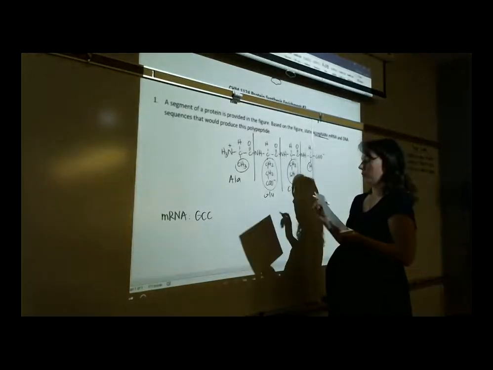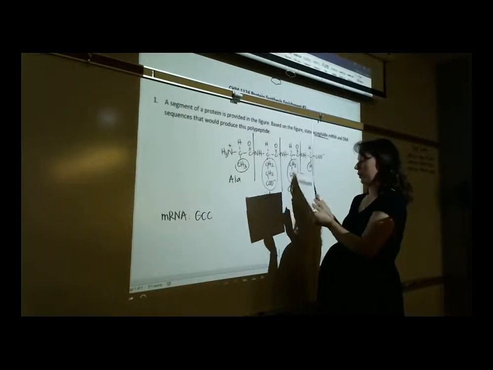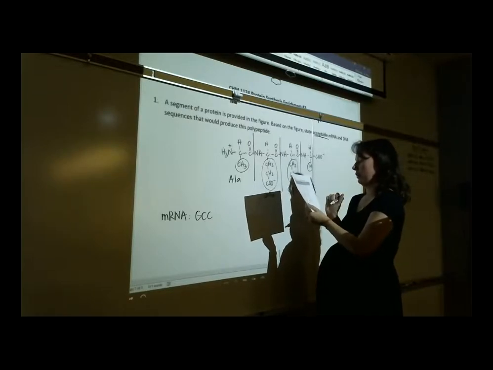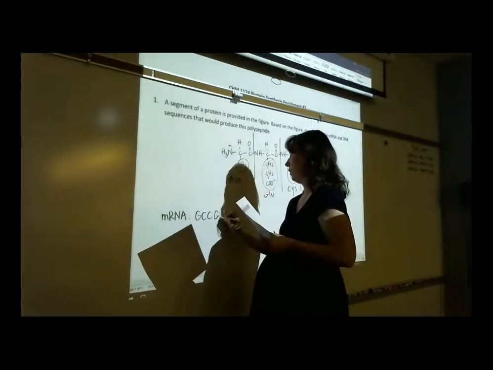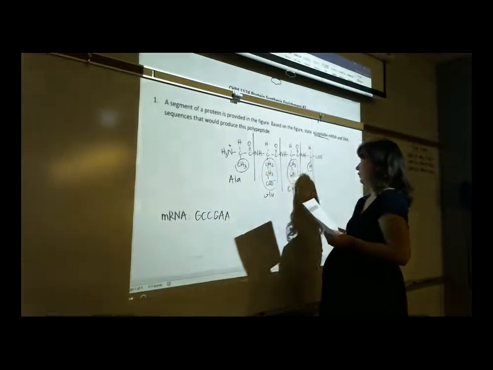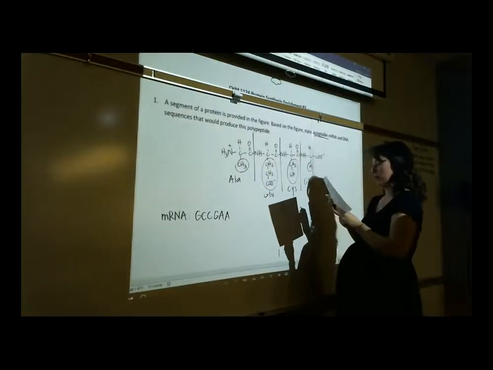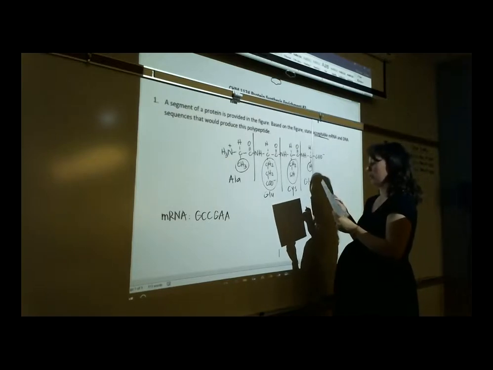Okay, now we find GLU. What did you pick? There are only 2 to choose from there, right? GAA and GAG. So GAA, okay, that would work. And then for cysteine, let's see, we've got 2 choices. UGU or UGC, which one did you pick?